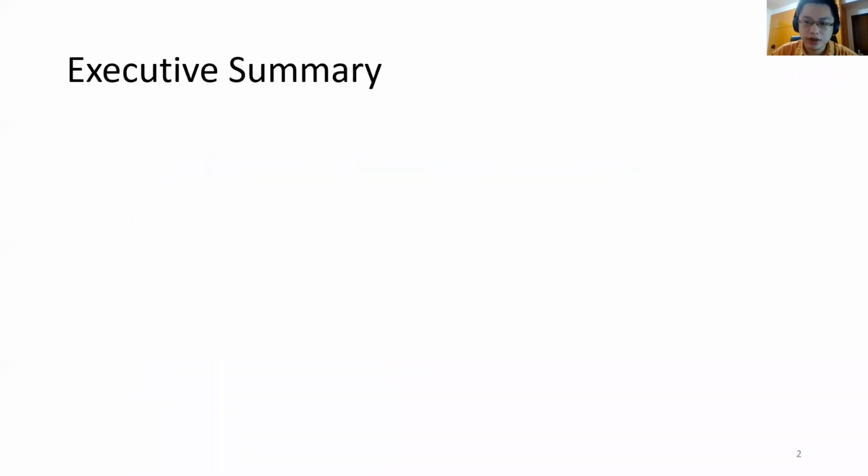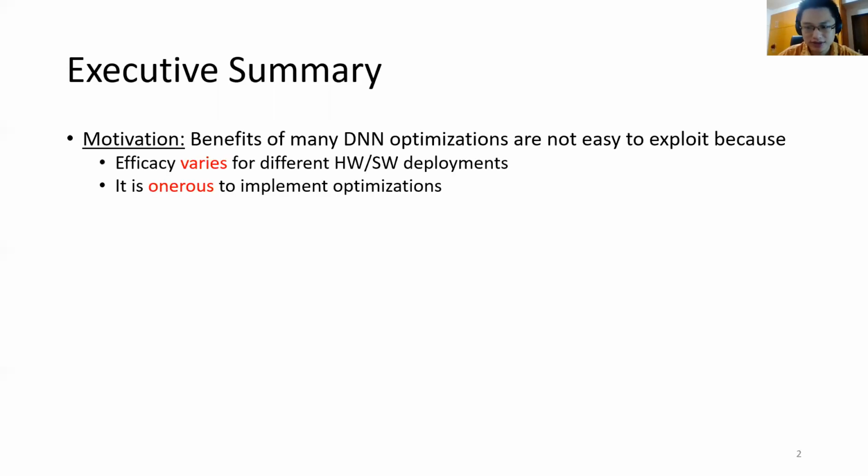So first, a brief summary of my presentation. Our project is motivated by the fact that DNN training is highly time-consuming, but the benefits of many proposed DNN optimizations are not easy to exploit for the following reasons.